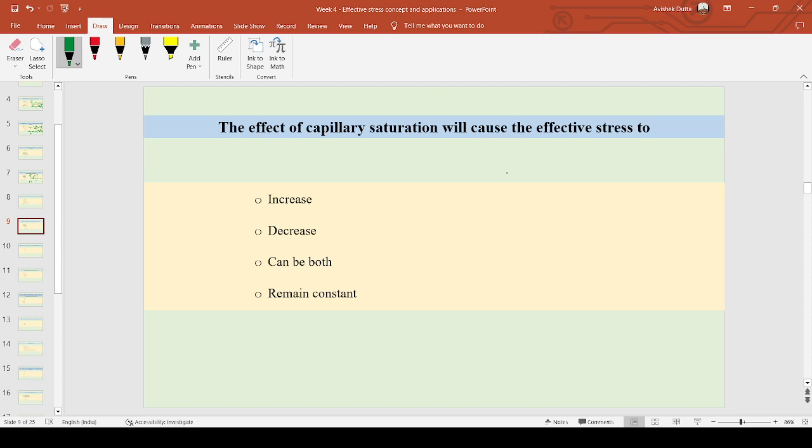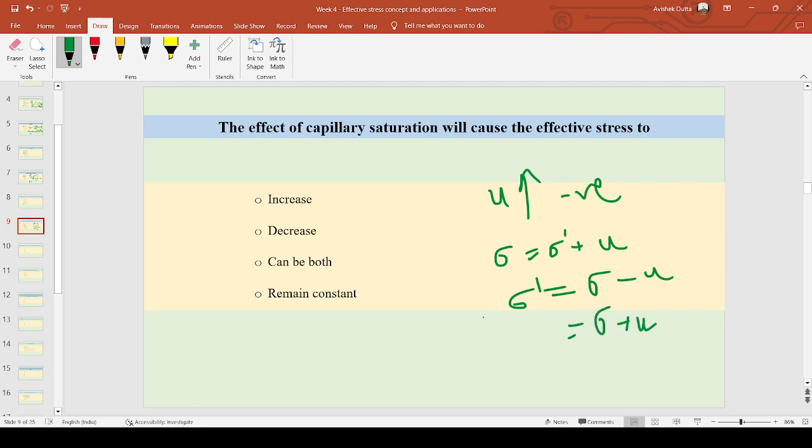The effective stress in the zone of capillary saturation will increase, since the pore pressure, that is U, will be acting in the upward direction, and we know total stress equals effective stress plus U. So effective stress equals total stress minus U. Here U is negative, so effective stress will be total stress plus U.